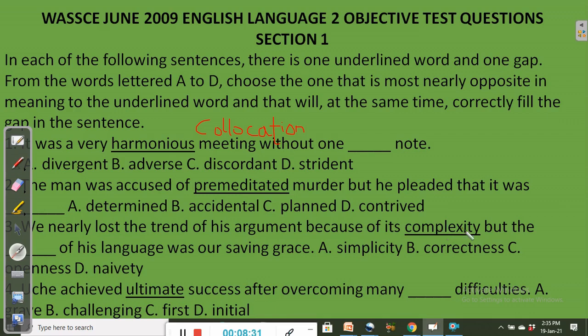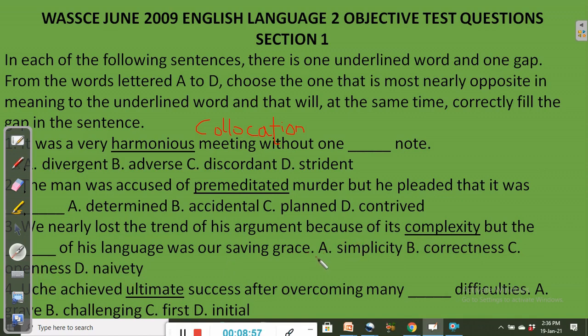All right? But then let's look at, the dash of his language was our saving grace. So what should be the opposite of complexity in this context? We have the options: A, simplicity; B, correctness; C, oneness; D, naivety.